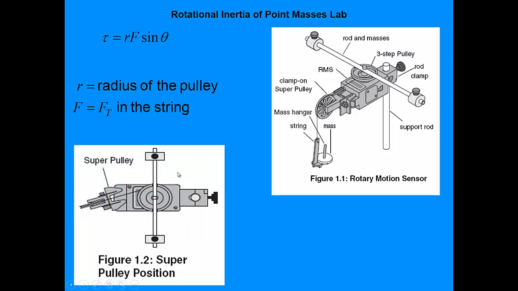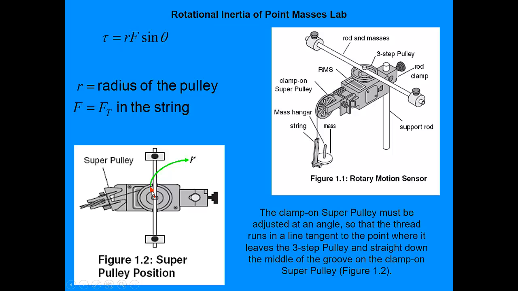And the angle in between, well, please set it up so that the pulley here is tilted so that the string comes off tangent to the big pulley. Then if this is r, the force of tension is tangent, which means the angle is going to be 90 degrees. The sine of 90 is 1, and therefore we can calculate the torque by taking the radius of the pulley times the force of tension.